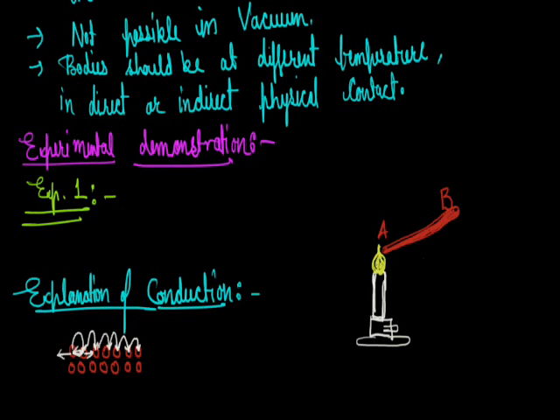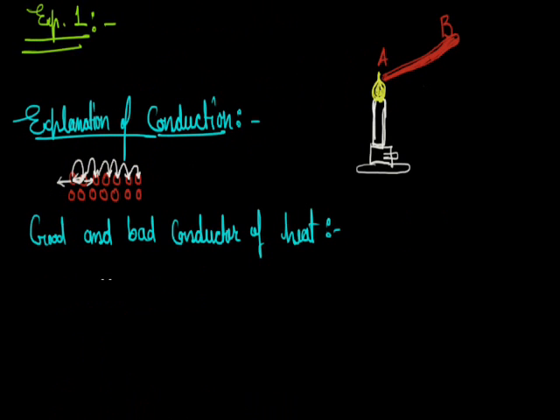Okay, now next topic is good and bad conductor of heat. Some substances transfer heat by conduction to a good extent while other substances do not transfer much heat by conduction. Example, take two identical rods, one of metal, say copper, and other of glass.